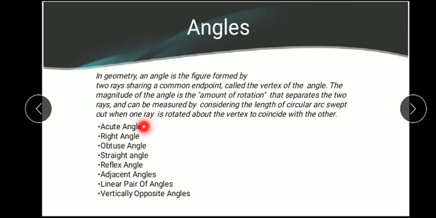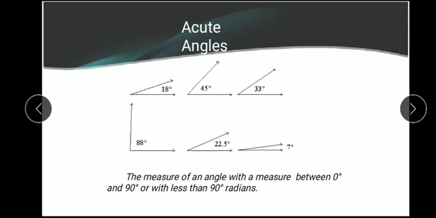Now types of angles we'll see: acute angle, right angle, obtuse angle, straight angle, reflex angle, adjacent angle, linear pair of angles, and vertically opposite angles. Acute angles, I will just revise quickly. An angle whose measure is between 0 and 90 is called acute.